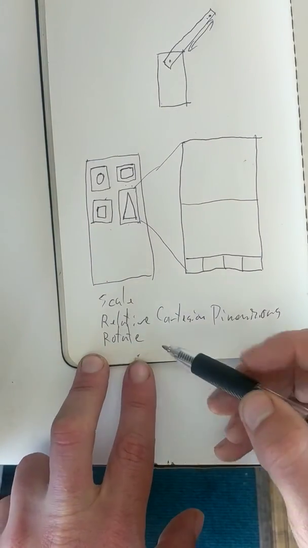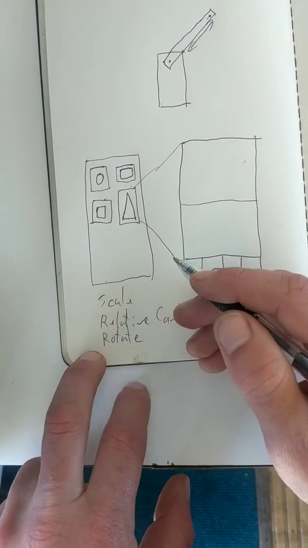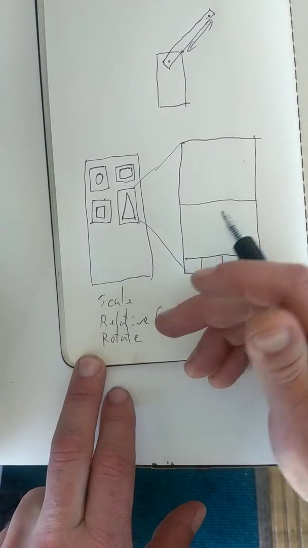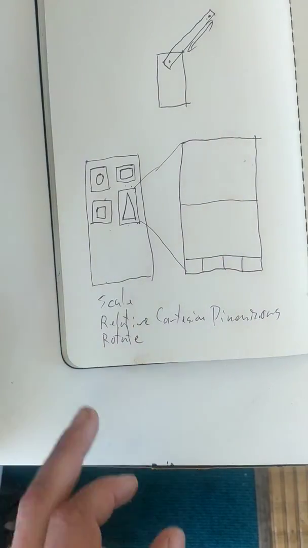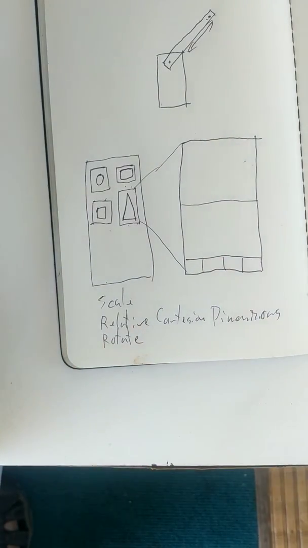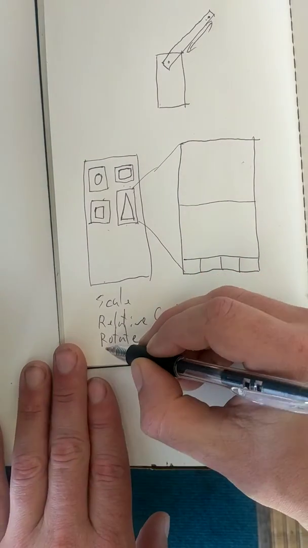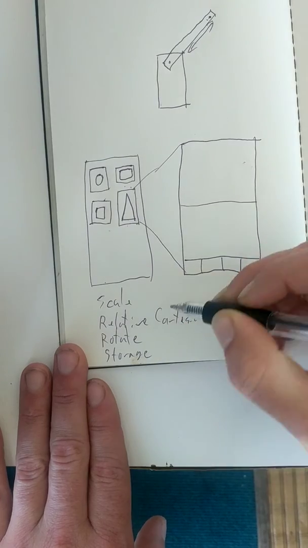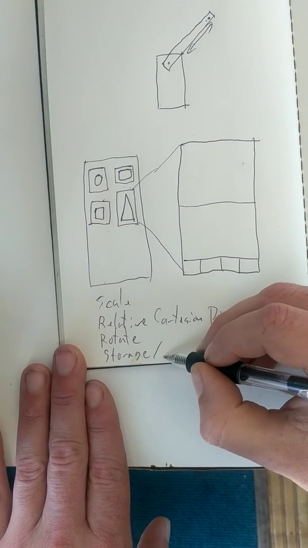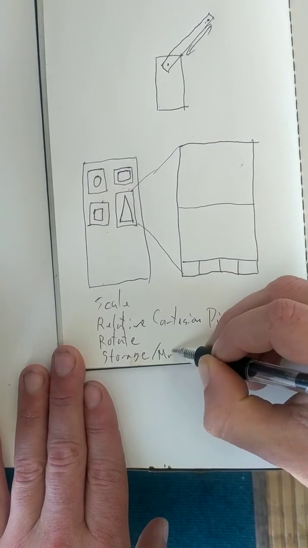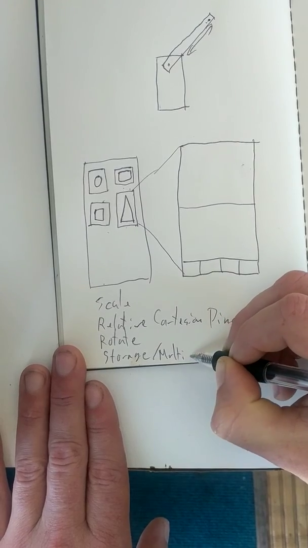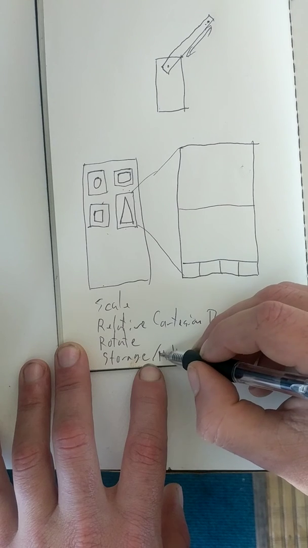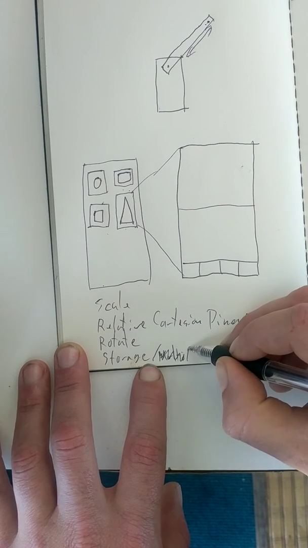And lastly, the user should also have a way to remember where they were last and store different configurations for this. So some sort of storage, storage permutation selection.